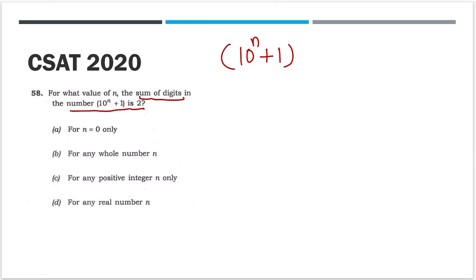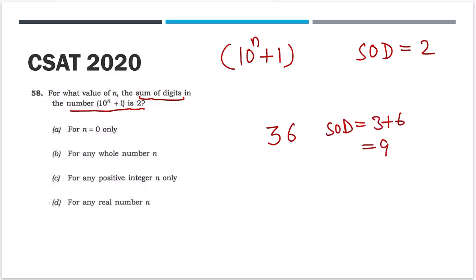Now they tell you this is a number whose sum of digits is 2. Again, what is sum of digits? Suppose the number is 36. Sum of the digits is 3 plus 6, 9. I hope this is clear. So the number is given of the form 10 raised to power n plus 1 and the sum of digits is 2. What is the value of n they are asking, right?